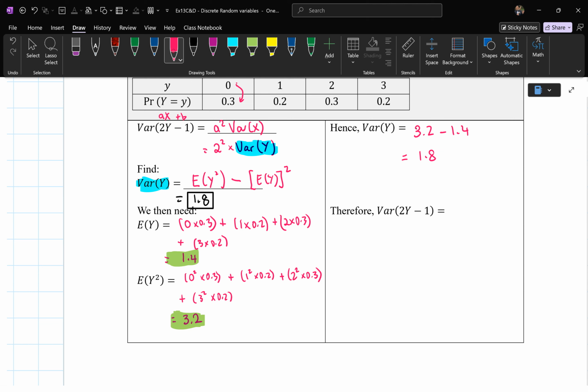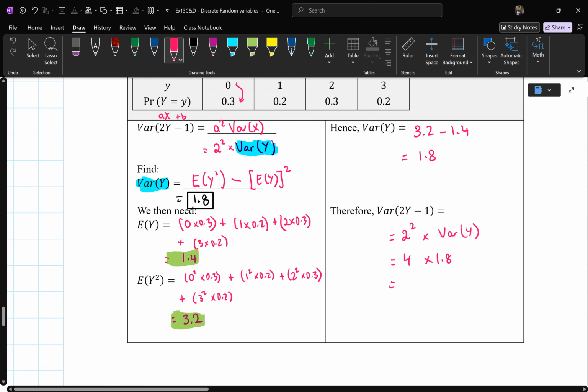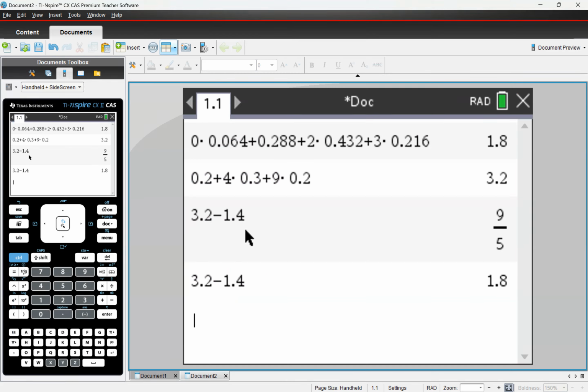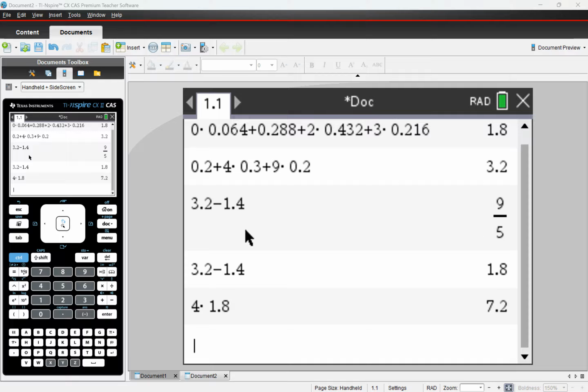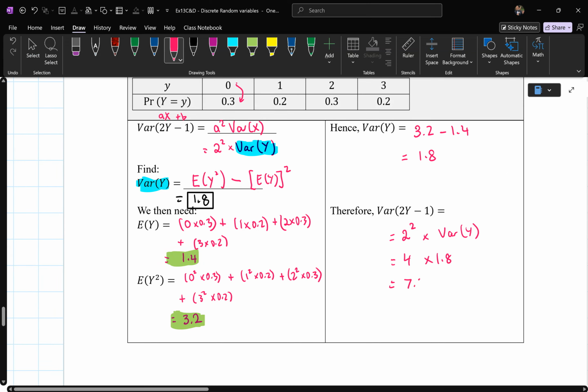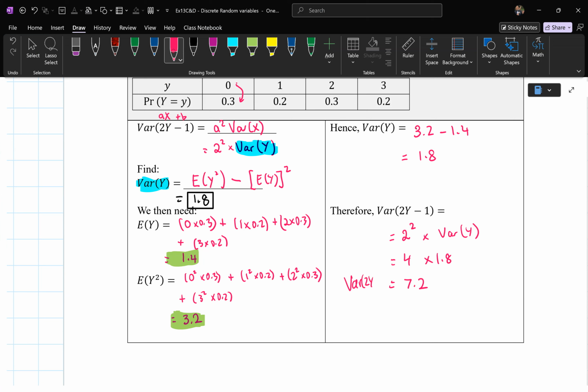Then that means this one, which we said before was 2 squared times variance of y, which becomes 4 times 1.8, which is what? 4 times 1.8, 7.2. So this is variance of 2y minus 1. That's your variance.